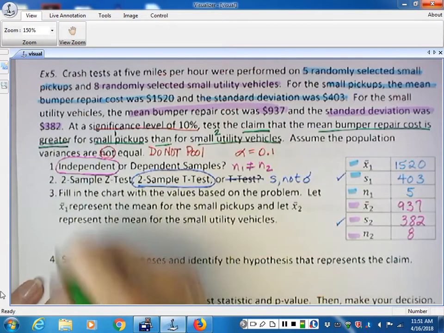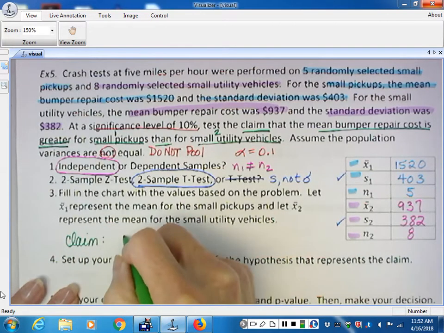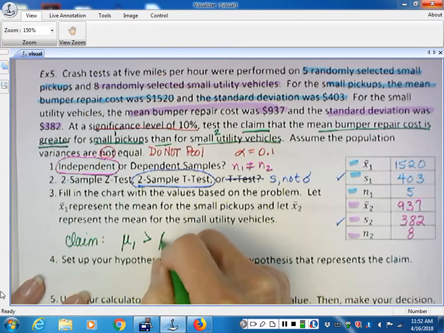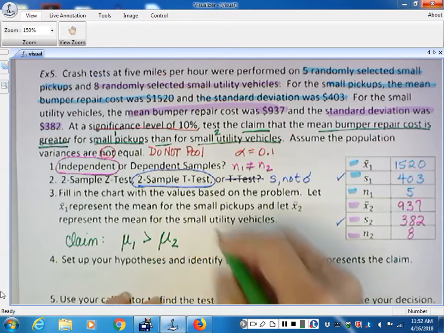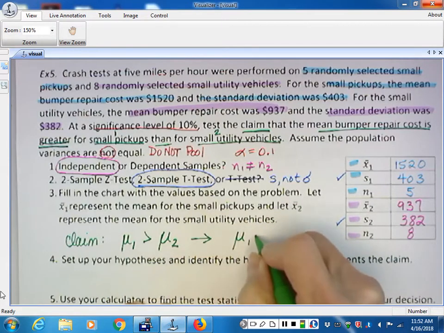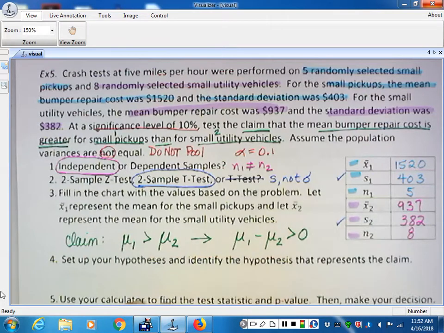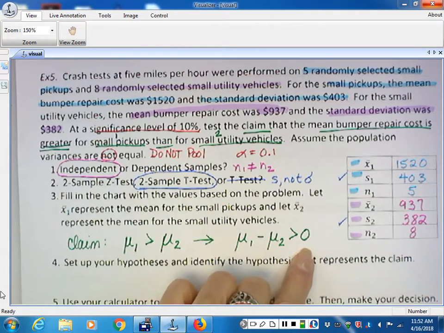So what the claim says is that the mean for group 1 is greater than the mean for group 2. And what that also means then is if you were to take the mean of group 1 and subtract the mean of group 2, that difference would be positive, because if this number is bigger than this number, then you're going to get a positive answer. And that's going to make a difference in how we're going to set up the test.